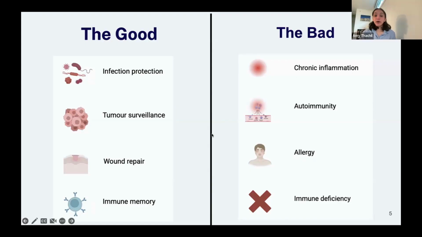And this balance is also important in the context of transplantation, where the recipient's immune system needs to be able to tolerate the transplanted organ, but at the same time, we do need the recipient's immune system to maintain its protective effects and continue to protect the recipient from threats like infection and cancer.